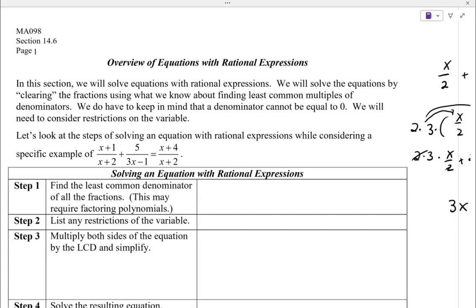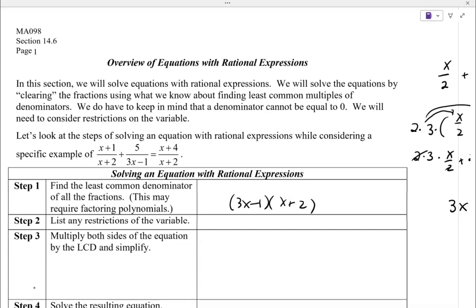So what do you think you want to multiply both sides by? 3x minus 1. Yep. And x plus 2. Just like we did with the 2 and the 3, right? Whatever factor you see in any denominator, you want to multiply both sides by it. Okay? Does that make sense?